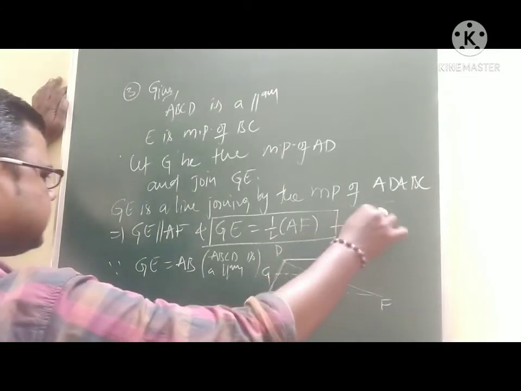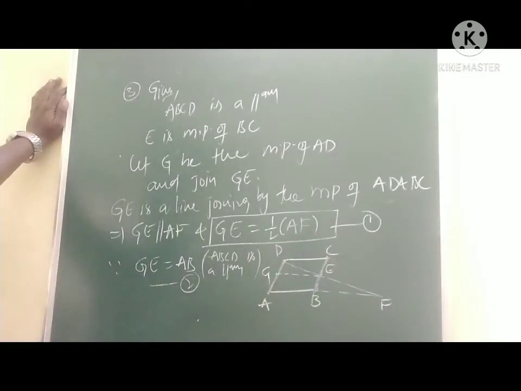So let us consider this as 1 and this as 2. GE is equal to half AF and GE is equal to AB. Now from 1 and 2, what can we write?